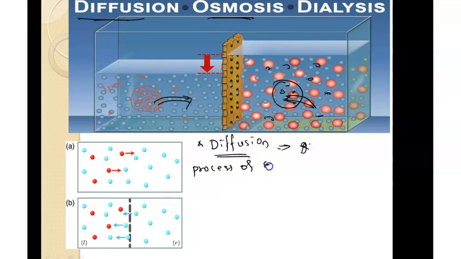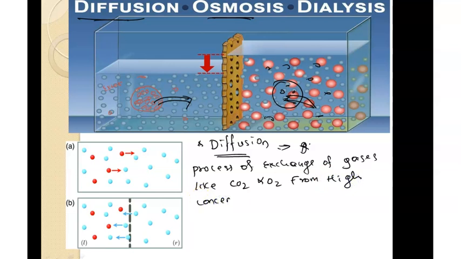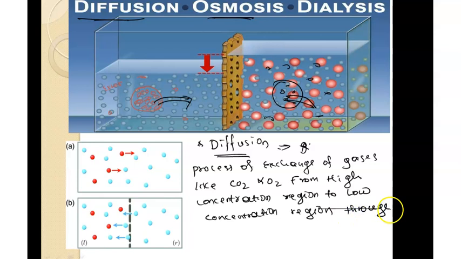Diffusion is a process of exchange of gases like carbon dioxide and oxygen from high concentration region to low concentration region, through selectively permeable membrane.